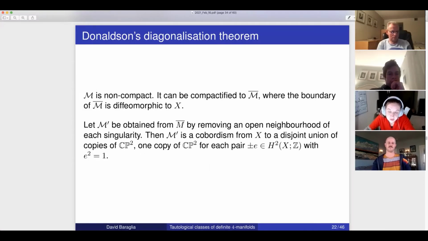The moduli space is non-compact, but you can compactify it by adding these instantons which are like delta functions.